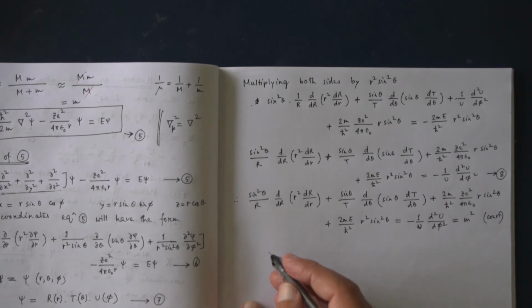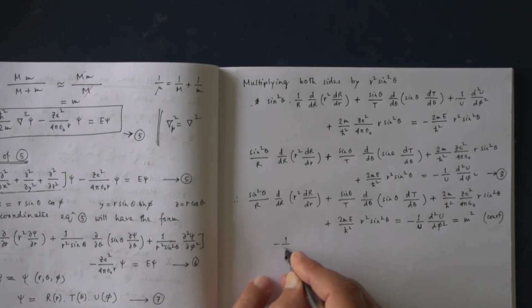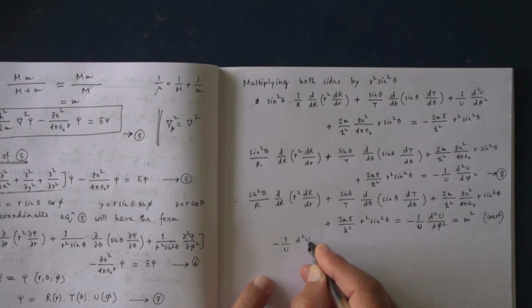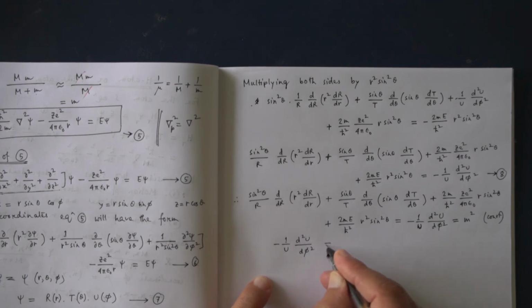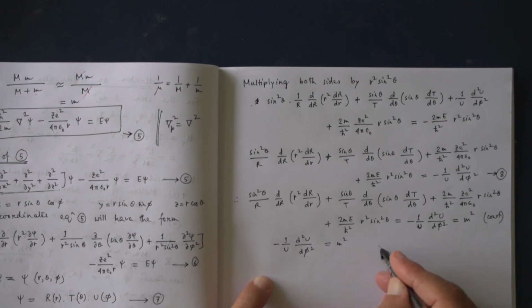So we are getting two equations. One is minus 1 by Φ d²Φ/dφ² equal to m², which is equation 9.